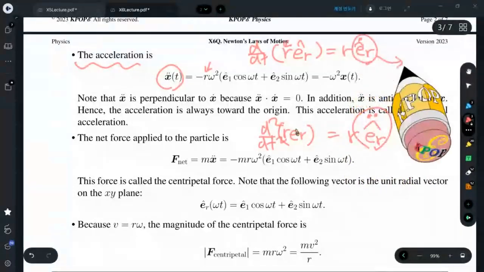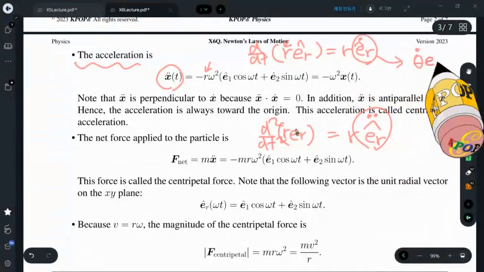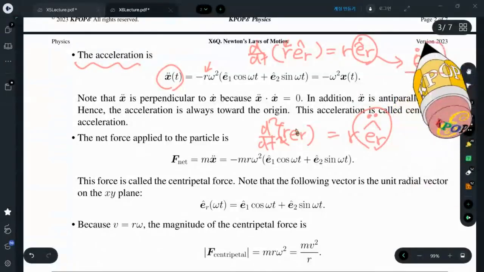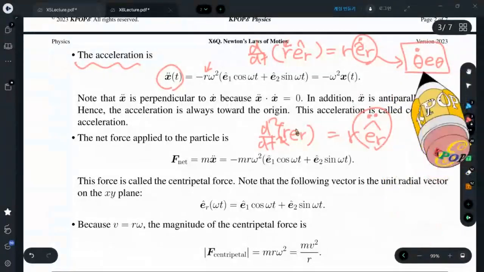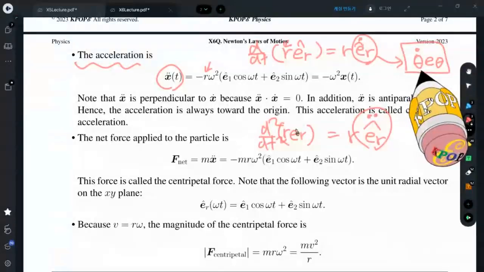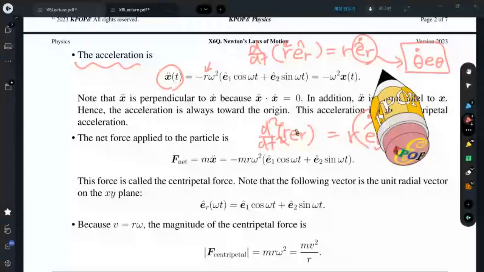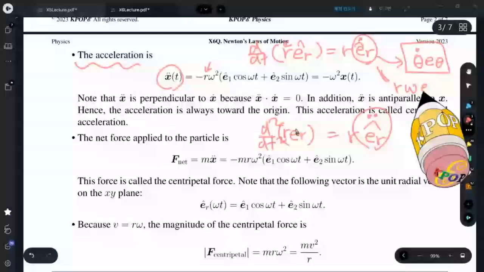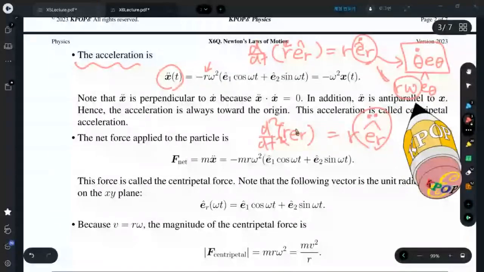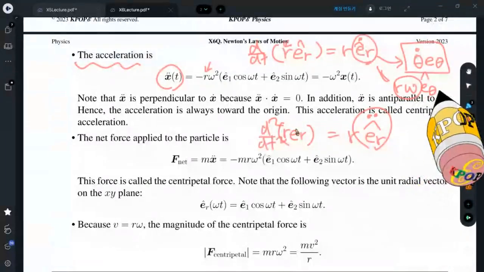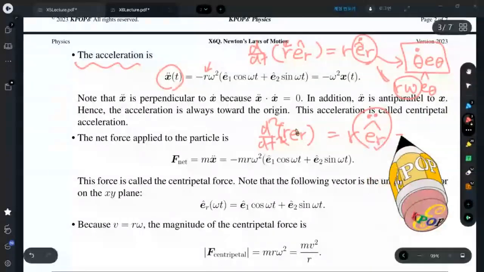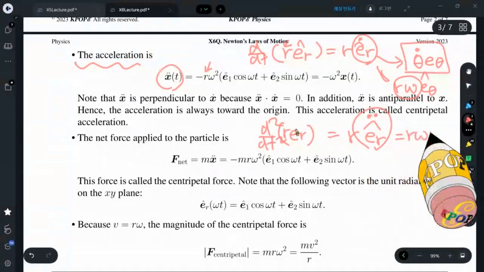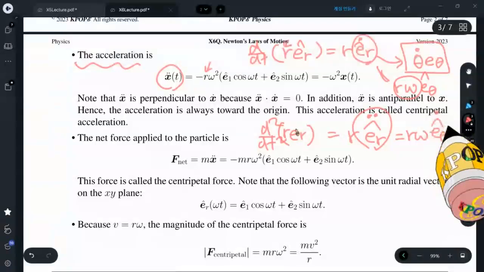And e_r dot, we know that it is theta dot e_theta, and theta dot is omega in this problem, so it equals r omega e_theta, and these are constant. Therefore, the second order derivative is r omega e_theta dot.